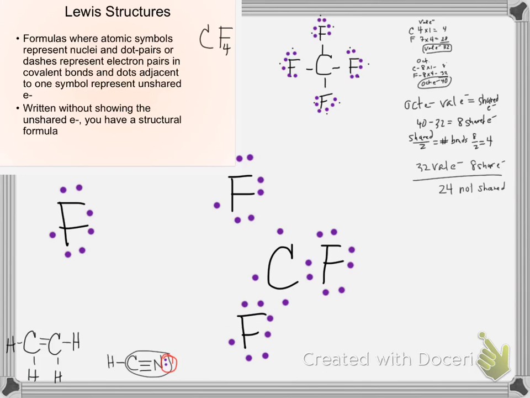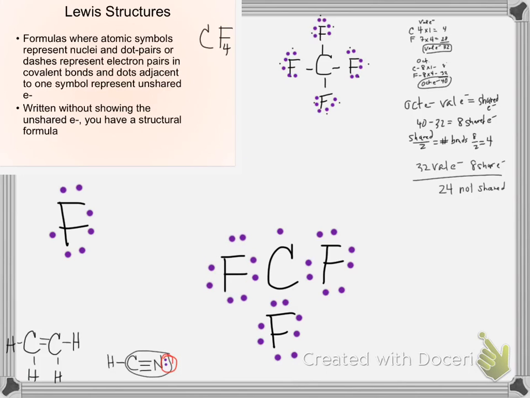Then I can put this fluorine there, and move one of those over there, and then that one can share, and then I move one of these electrons to there, and those can share. And then any place I have a shared pair, I replace it with a line.